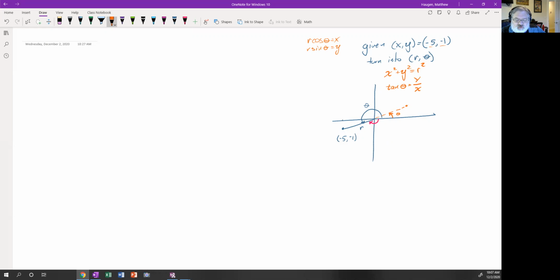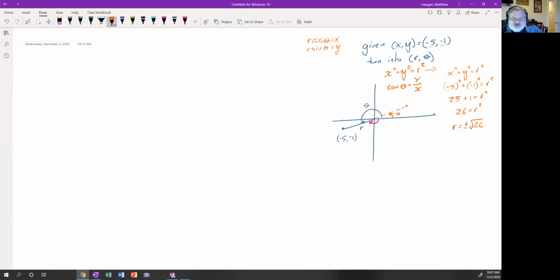So, well, let's just use those two tools. If x squared plus y squared is supposed to equal r squared, then negative 5 squared plus negative 1 squared should be r squared. So 25 plus 1 should be r squared. So 26 is r squared. So r is equal to plus or minus the square root of 26. Fair?